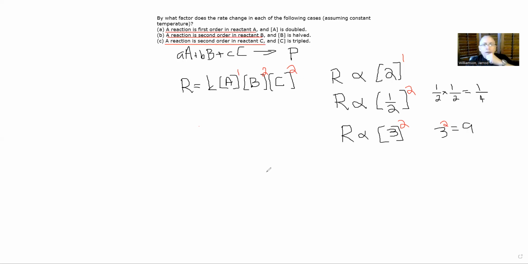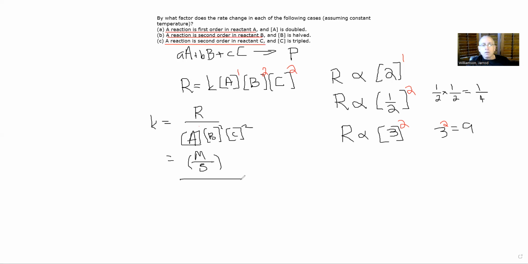Okay. Now let's just for practice, what would be the units of k, the rate constant? Well, if R was measured in molarity per second, we would have R equals k times A to the 1 power, B second order, C second order, and that'll be molarity per second.